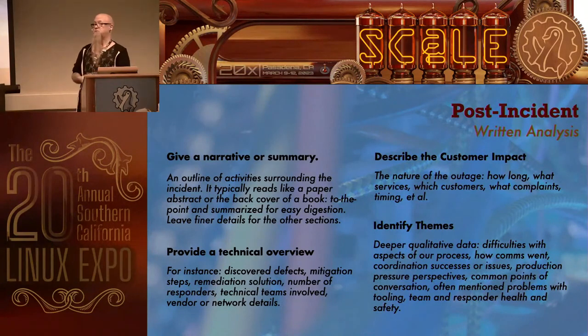Did we have coordination problems? Did we have tooling problems? Did we have successes? Did a junior SRE do something great and learn a new tool during the incident? These kinds of things are important to understand how we work as a team. And how we work as a team builds right into how we respond to things like incidents.